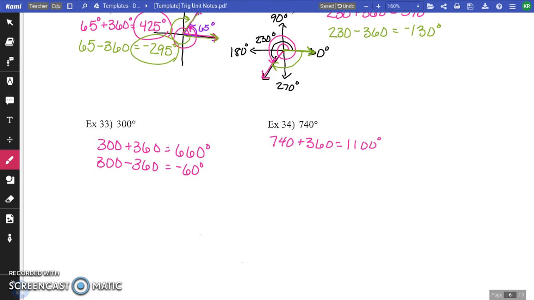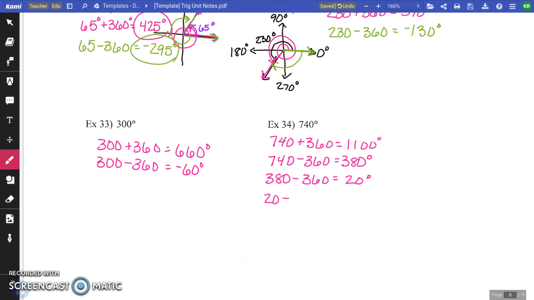If I'm looking for a negative coterminal angle, then I need to subtract. Okay, here though, when you subtract, you have another positive angle. So if we take that 380, subtract 360 again, we get 20 degrees. So that's still another positive coterminal angle.